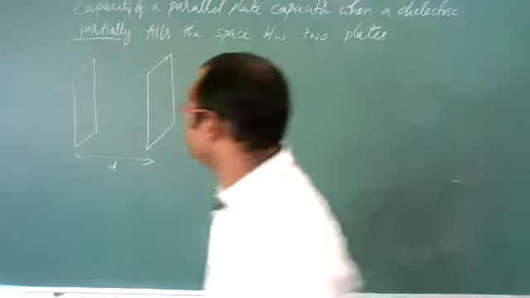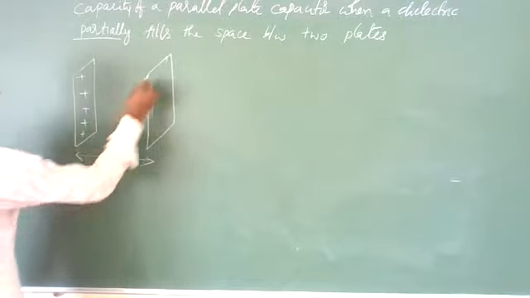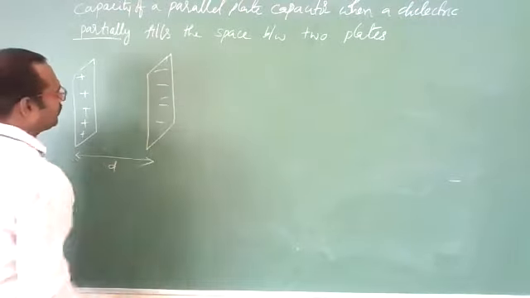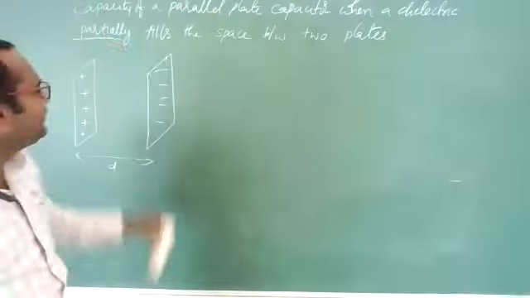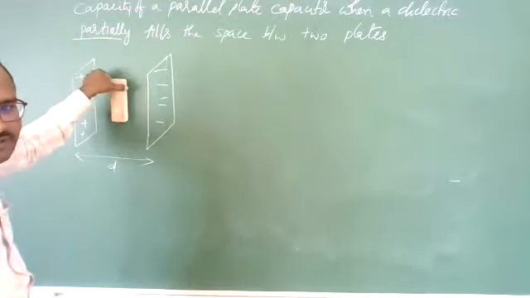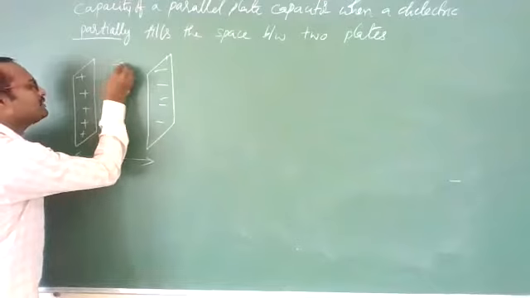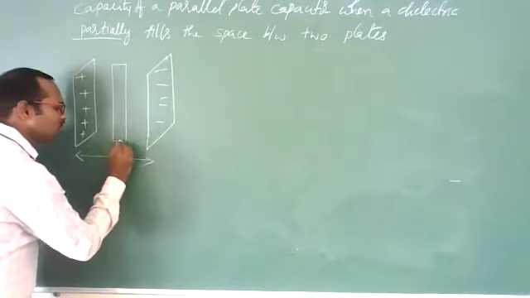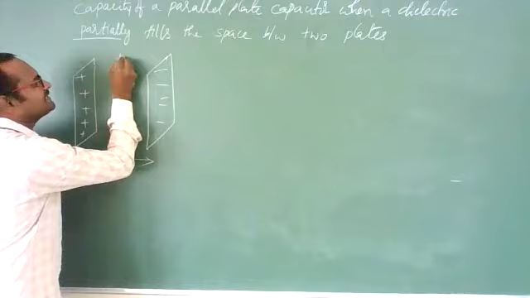Now these plates have positive charges here and negative charges here. Now let us introduce a dielectric material between the two plates which partially fills the space. Let us suppose I am introducing a dielectric material by this much, whose thickness is small t.